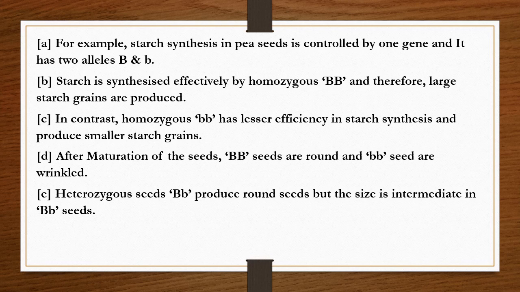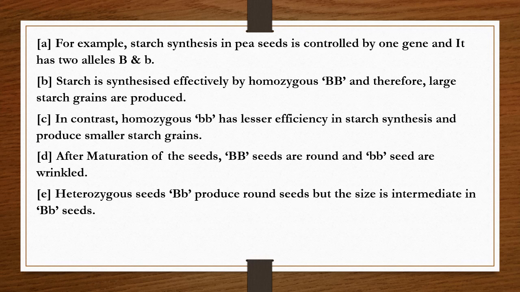Heterozygous seeds, capital B small b, produce round seeds. Seeds are round, but the size is intermediate in capital B small b seeds. So roundness is due to the presence of more starch, that is the capital B character.